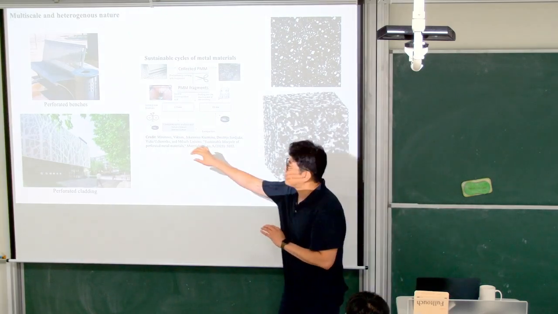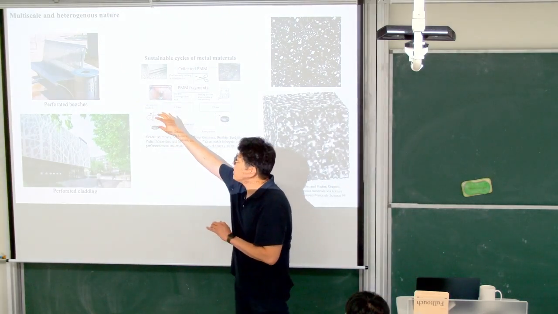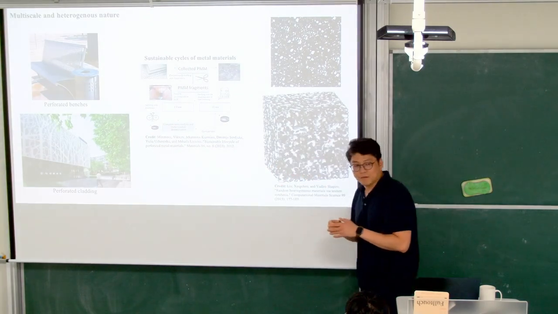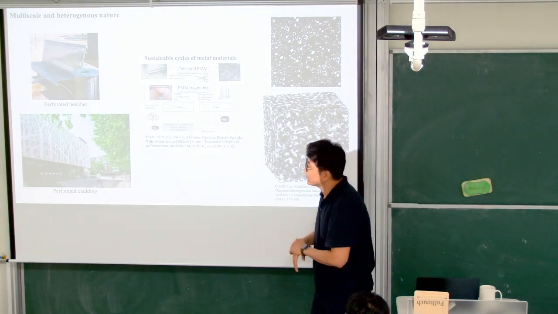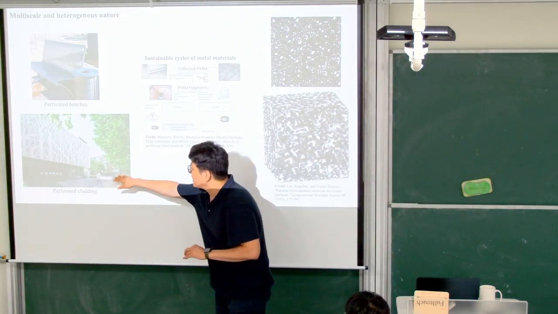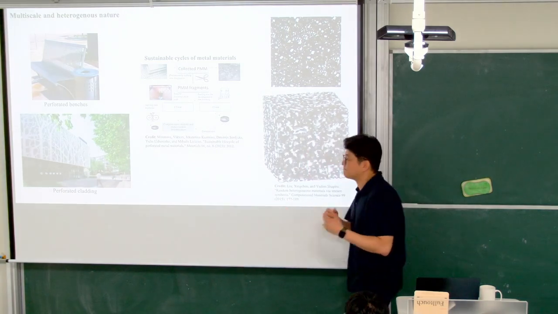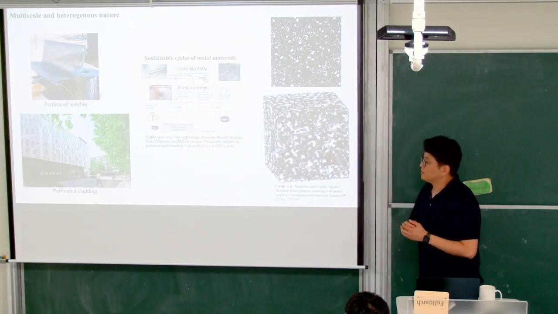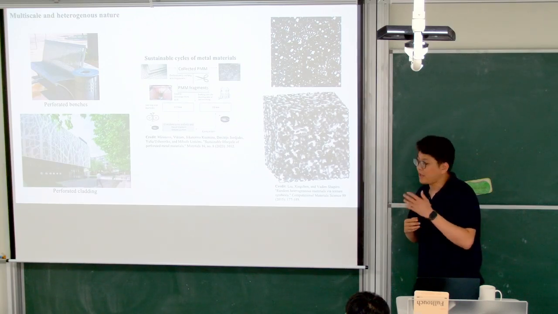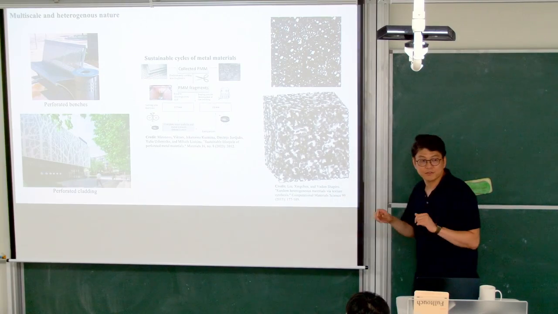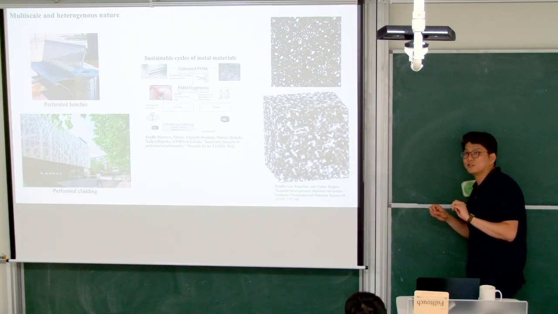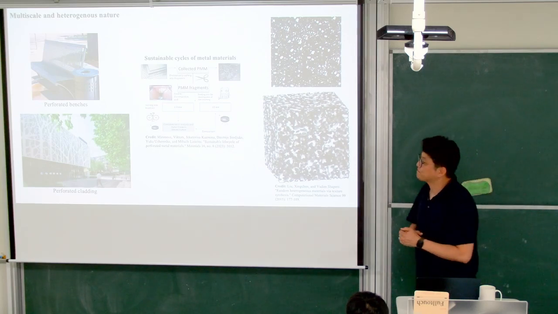For the perforated benches, the perforation allows rain to drain easily, while the perforated cladding allows some lighting or air circulation, so we reduce some dependency on artificial heating or cooling systems.